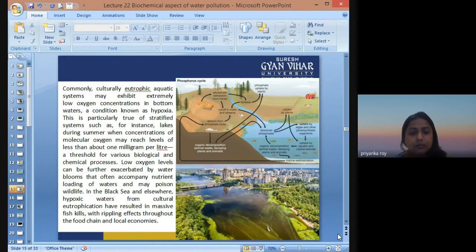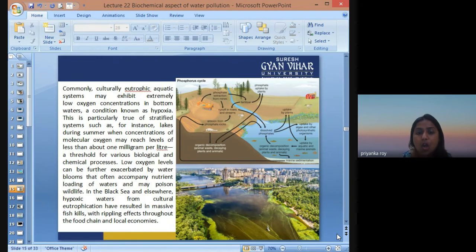The common feature of eutrophic aquatic systems is extremely low oxygen concentration in bottom water, a condition known as hypoxia. This is particularly true of stratified systems, such as a lake during summer, when the concentration of molecular oxygen may reach levels of less than about 1 milligram per liter, a threshold of various biological and chemical processes.